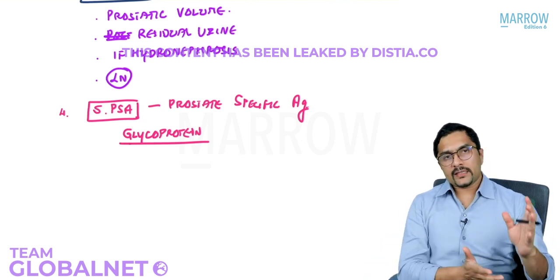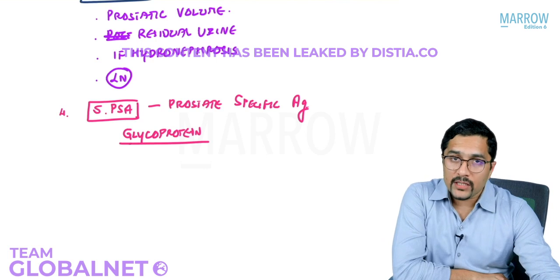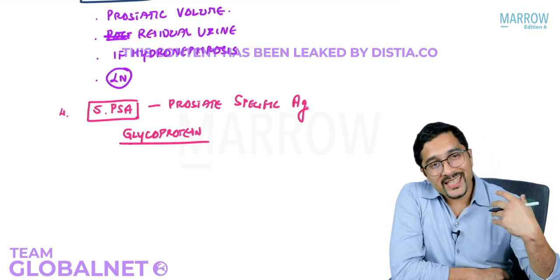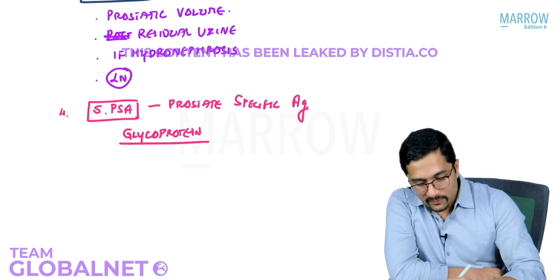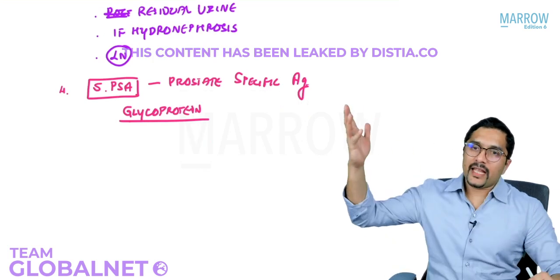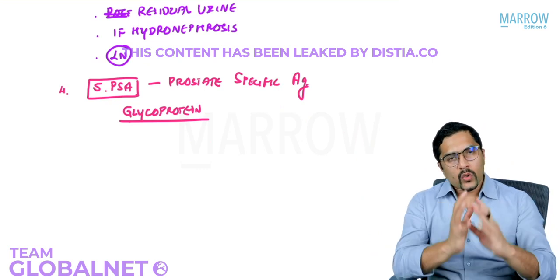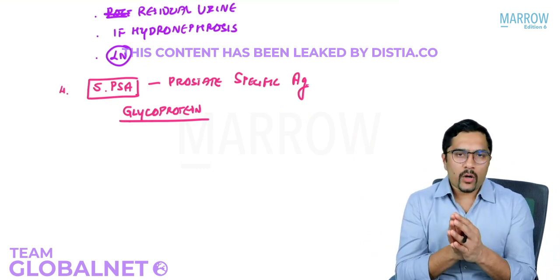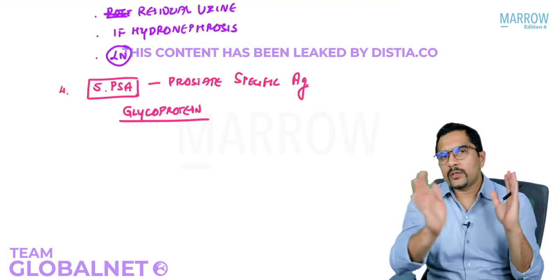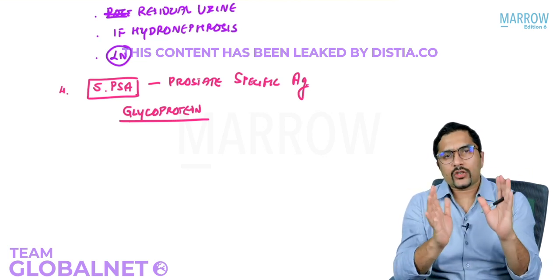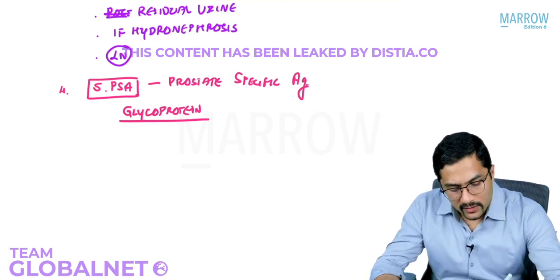Now, the various things which can affect the PSA value, the most significant being age, right? As the person ages, the PSA value will keep on increasing. Now, you know that the majority of prostatic problems occur between 50 to 70 years of age. That's the age group when the majority of prostate problems will occur.